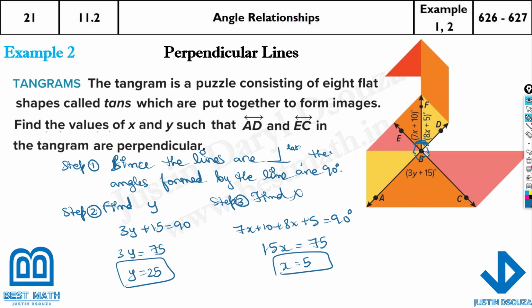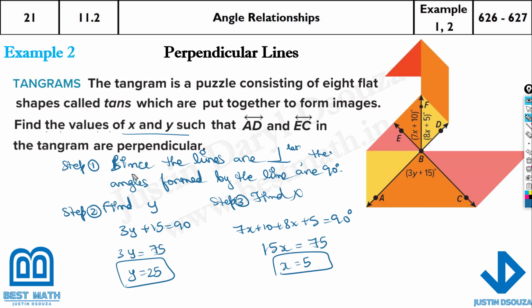It looks like 45, but it might be a little off. So don't make one of these values equal to 45 because it's not mentioned. But they have mentioned they're perpendicular lines, isn't it? So it's better and safer to make it equal to 90 and solve it out. And we just have to find the x and y values.